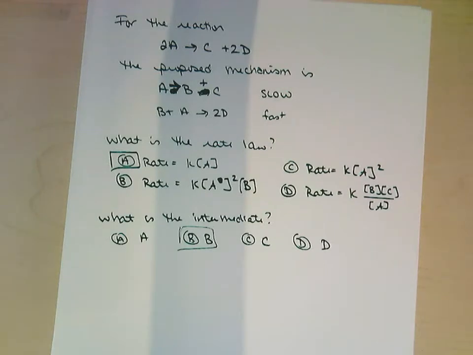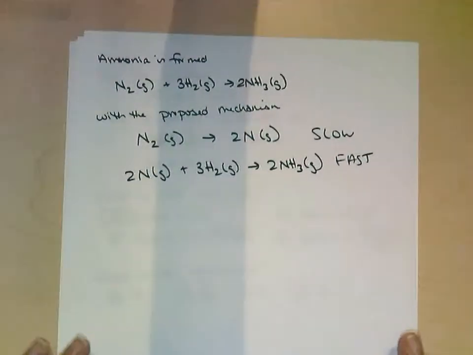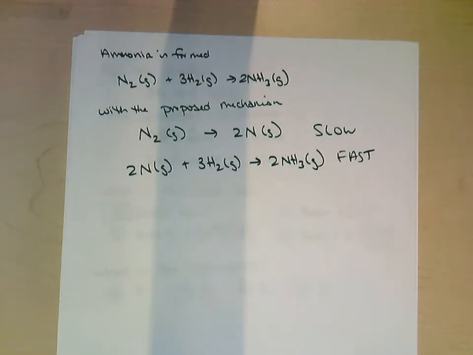All right, let's try this one. So I have a reaction where I have nitrogen and hydrogen makes ammonia. I have a proposed mechanism that the nitrogens break apart into 2 individual nitrogens, which is a slow step, and those 2 individual nitrogens go on then to react with 3 hydrogens in a fast step to make ammonia.